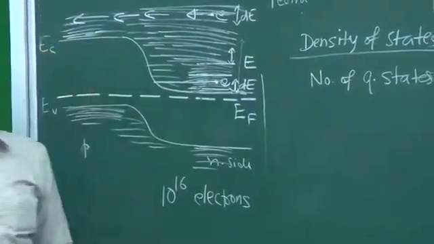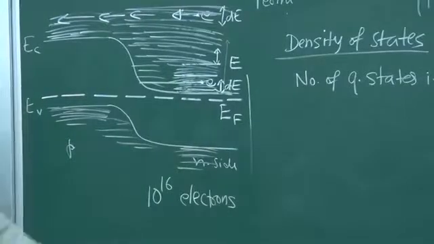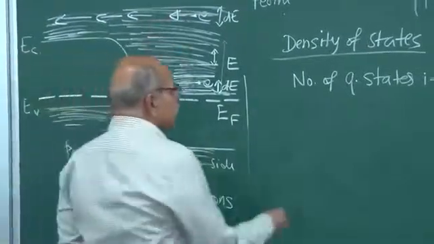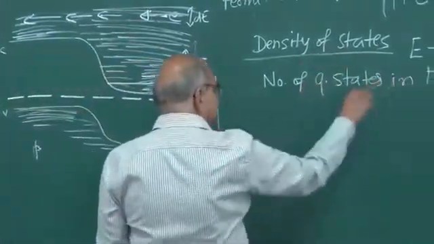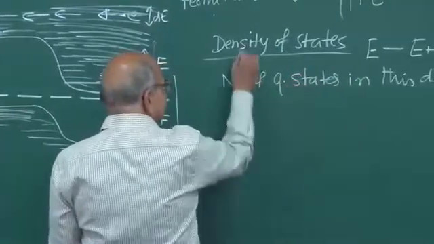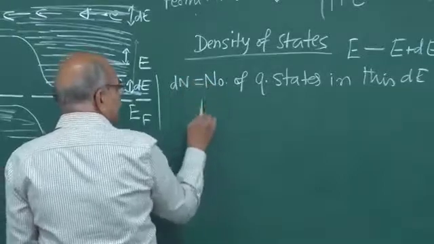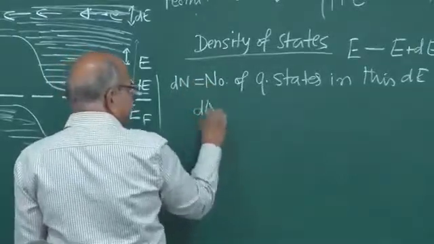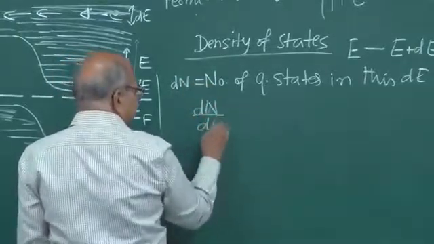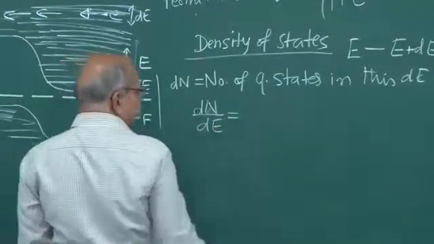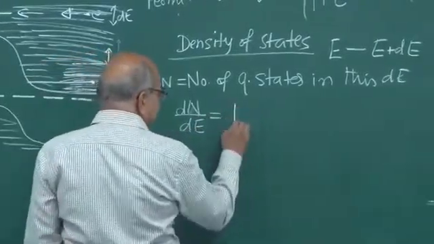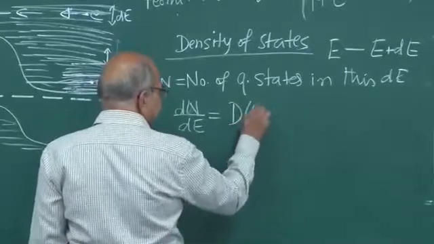If you make a calculation, this number is proportional to dE, and that will be the density of states. So if this number is dN, then dN over dE is known as the density of states, which you can write as capital D(E).